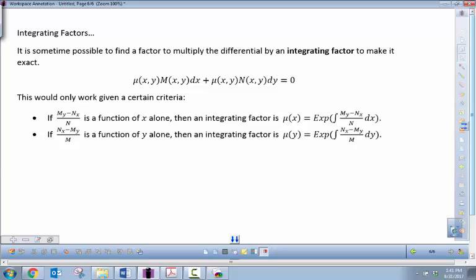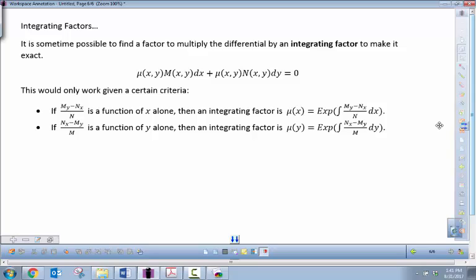Now, I don't want to go over the reasons how they got the integrating factor, but these are two possibilities of finding it. If you take the combination of M_y minus N_x divided by N, and you see that that will end up being a function of x by itself, then you can define your integrating factor by this expression.